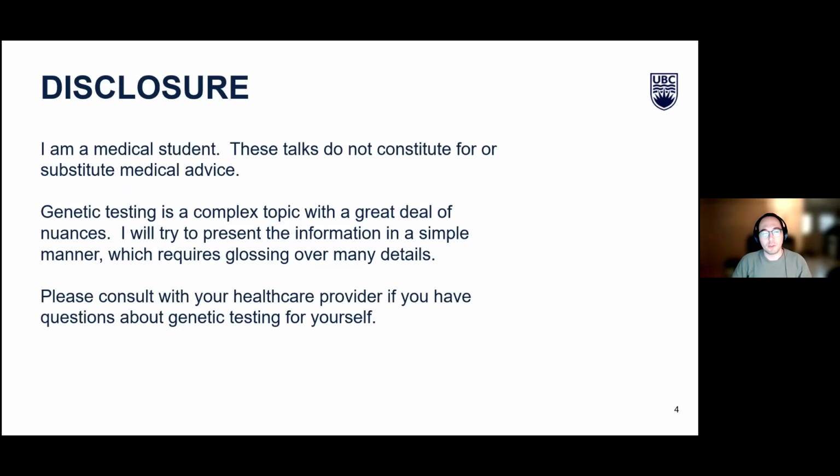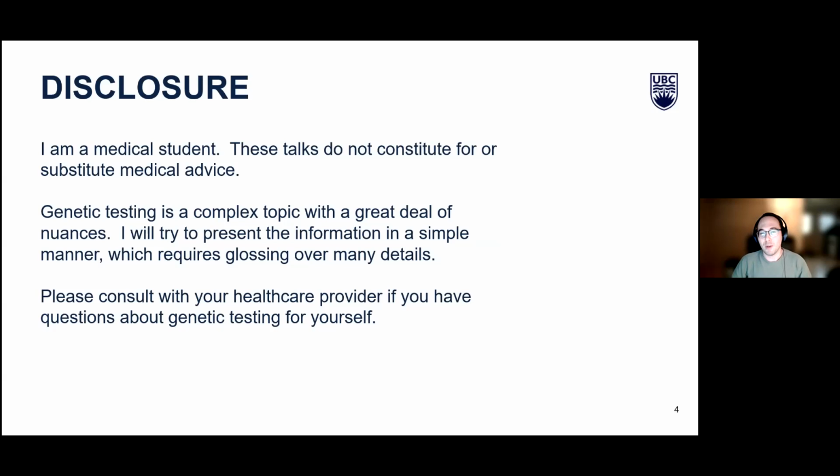I also have a few disclosures before we continue. I am a medical student, as are my other colleagues who are doing these talks, so these talks do not constitute or substitute for medical advice. Genetic testing is a very complex topic. There are a lot of nuances and caveats and exceptions to things. Therefore, throughout this talk, I'm going to be glossing over a lot of details, maybe keeping certain things vague, just to simplify things.